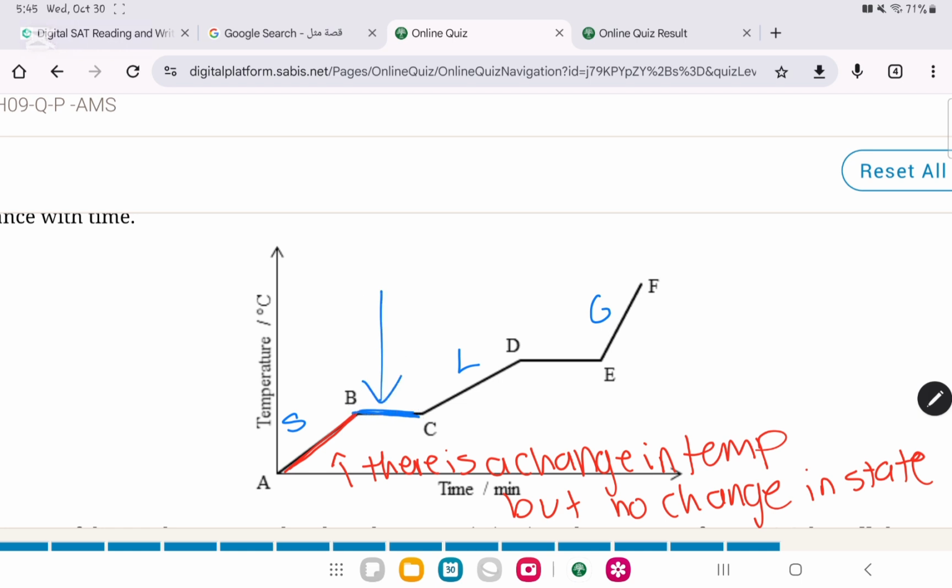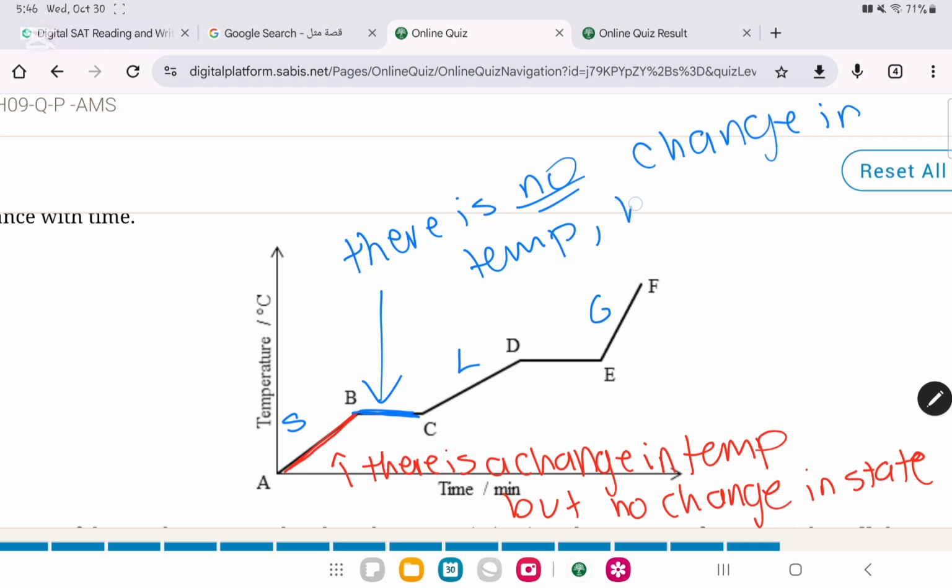What happens in this flat line, which we call its melting point? In this flat line there is no change in temperature, but there is a change in state.